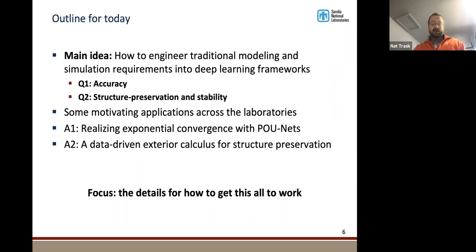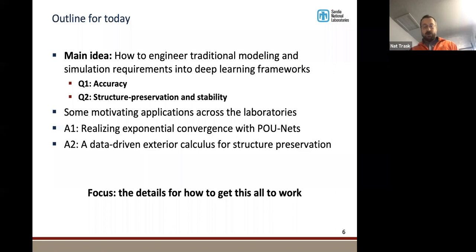And what I mean by accuracy is, in the finite element or the forward simulation world, you'll typically use some sort of finite element method or some sort of means of solving a PDE in order to predict a system.